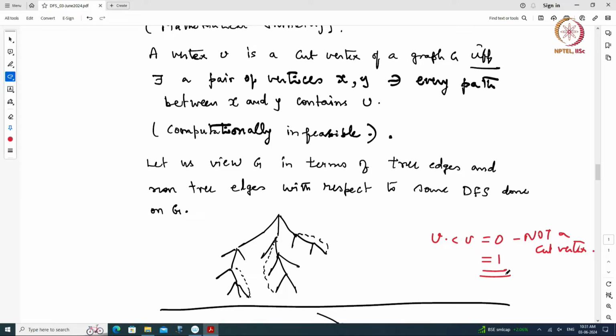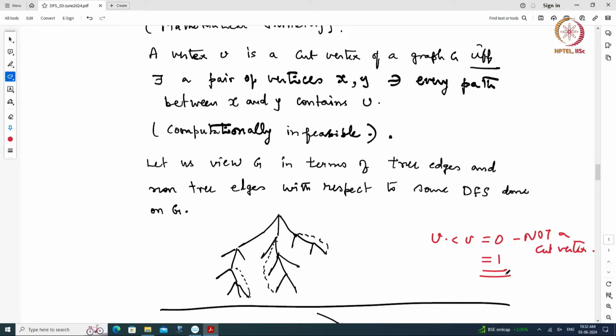So mathematicians have a way to say which vertex is a cut vertex, which vertex is not a cut vertex, if and only if, characterizing the condition. A vertex V is a cut vertex if and only if there is a pair of vertices x, y such that every path between x and y contains V. Look at the way in which the cut vertex is characterized.